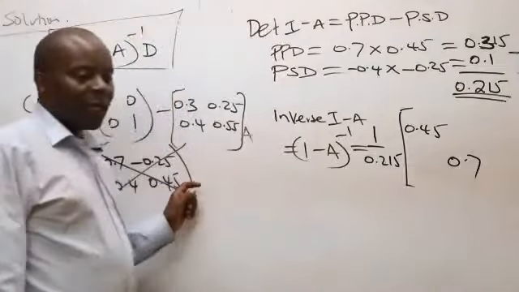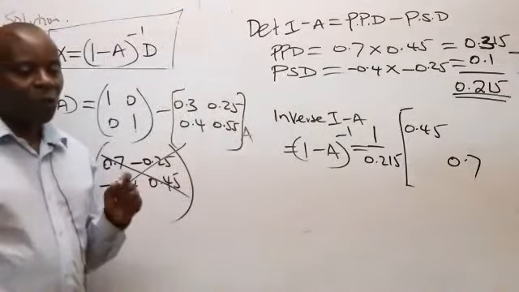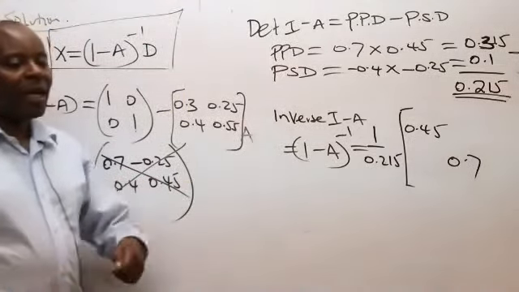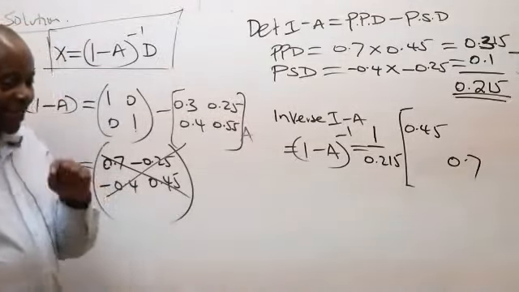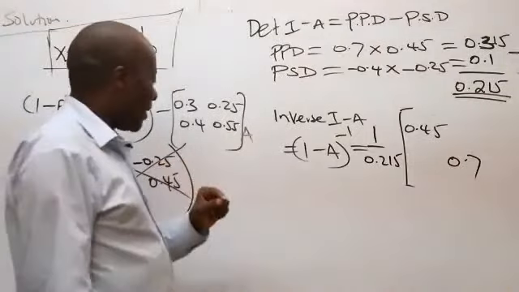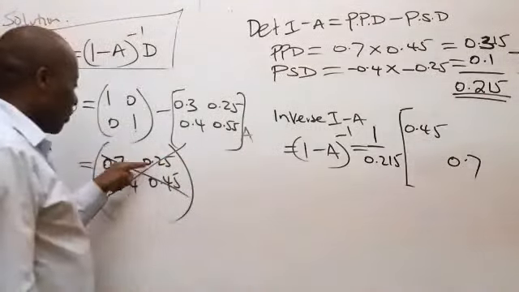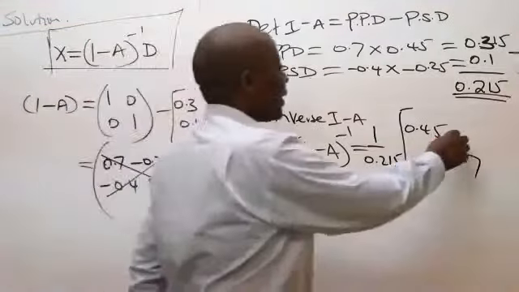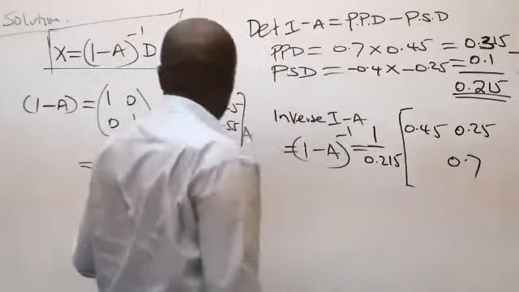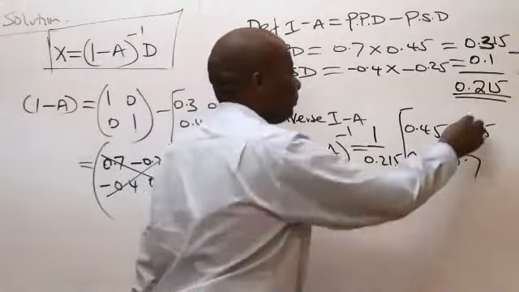How about secondary elements? We change their signs. So here, ladies and gentlemen, this was negative. We retain their positions, but we change their signs. So we have here 0.25, and here 0.4.